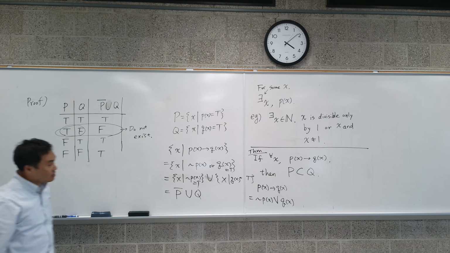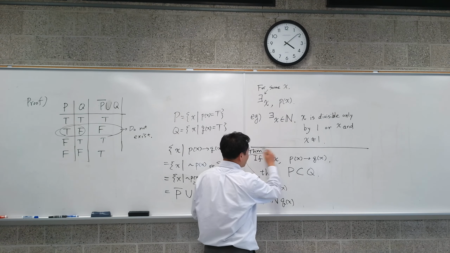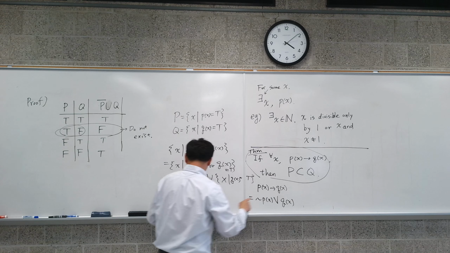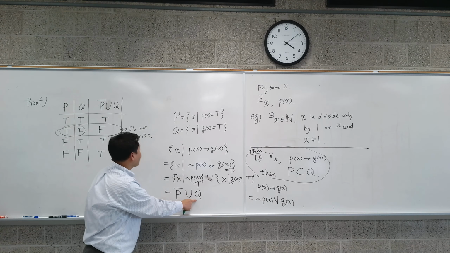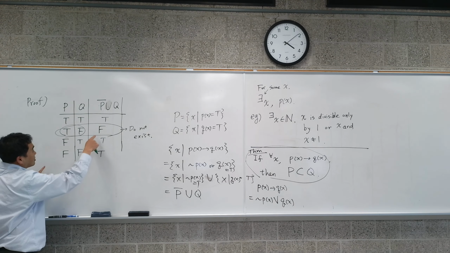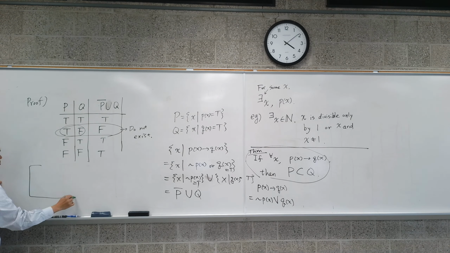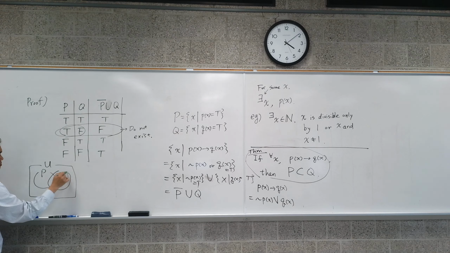What are we trying to prove? We're saying that for all x this is true, which means this is everything, okay? Which means this case shouldn't exist. So what does that mean in terms of Venn diagram? It's exactly this portion.